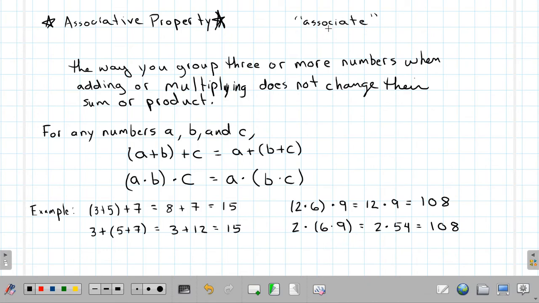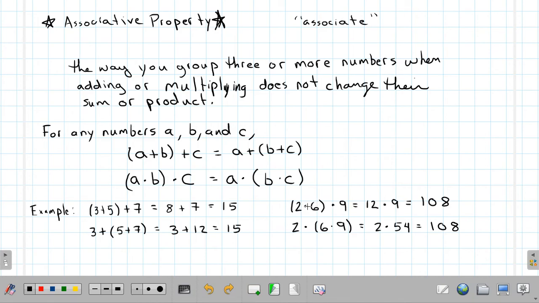So once again, it doesn't matter which two numbers you associate with one another. If they're in this order, 3 plus 5 plus 7, and the order of operations tells you to do the 3 plus 5 first, well, that's the same thing as doing the 5 plus 7 first and then adding the 3. Same thing when you do multiplication.